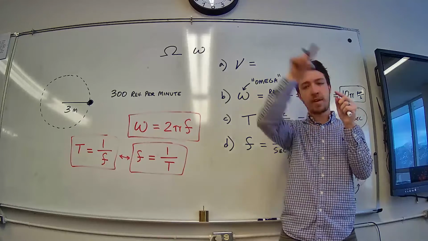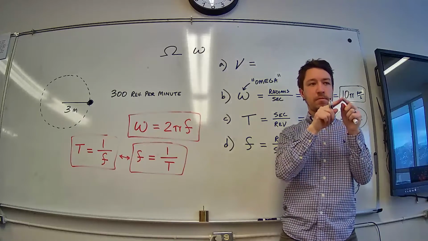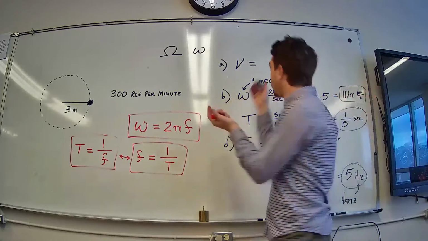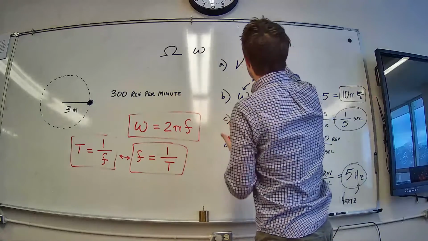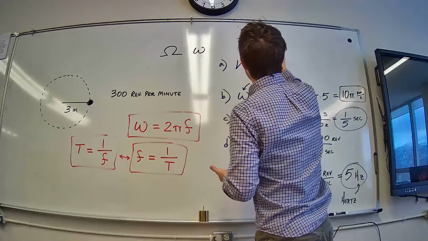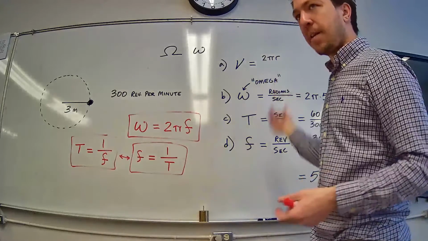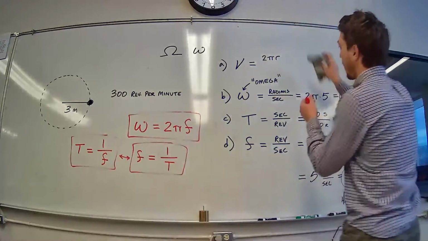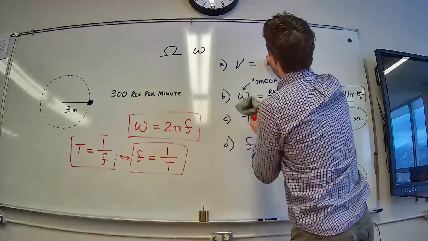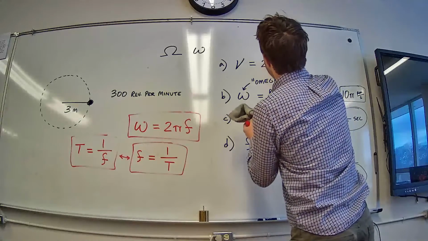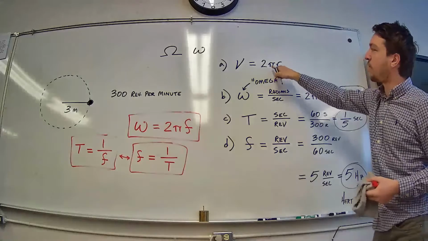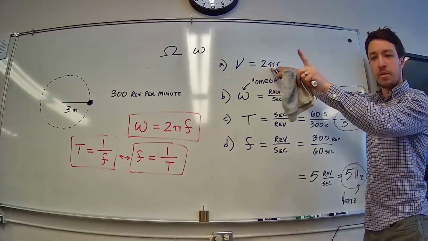What's the formula for how far you travel in one rotation? Circumference, 2 pi r, right? So you could go 2 pi r, but then you have to multiply that by what? So this, what I just wrote there, is how far you travel in one rotation.